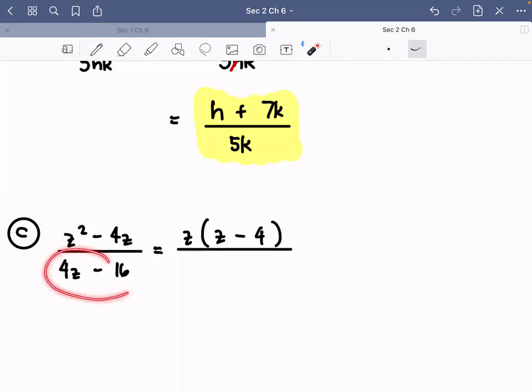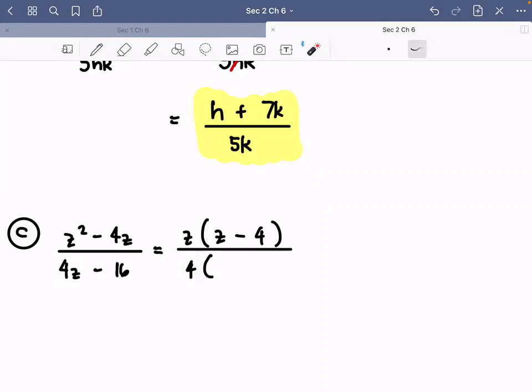And then let's go with our denominator. What's our common factor between 4z and 16? Look at the numbers. 4. Correct, very good. How about z? Can we use z here? No, because 16 doesn't have a z.